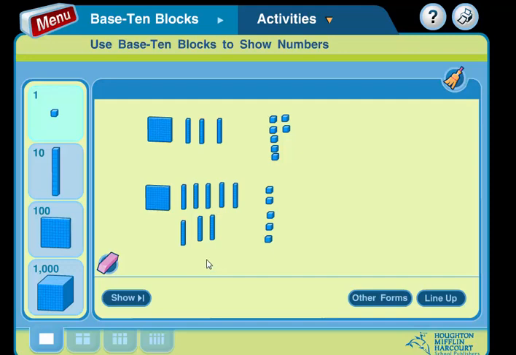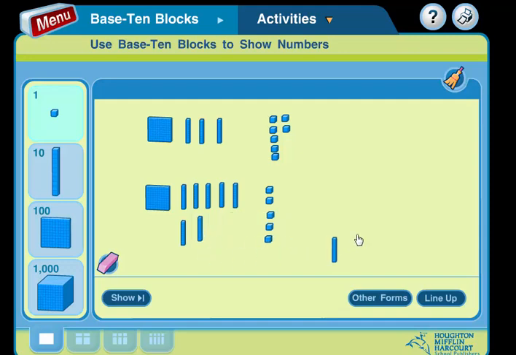So I'm going to do the same thing I did on the other one. First, looking at my tenths, I'm going to see if I can combine any of these to create another whole number. So let's see, let me start with these. I have 8, 9, 10, so I can definitely do that.